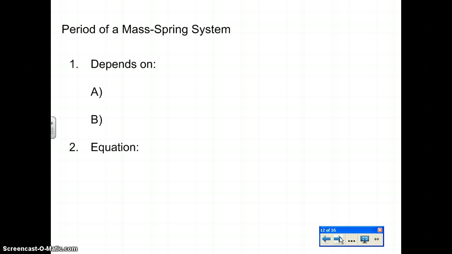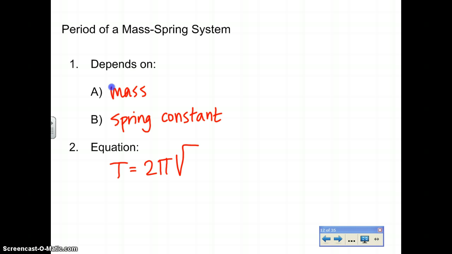Period of a mass spring system. Period for a mass spring system is going to depend on mass and spring constant. This should make sense, that's what you're looking at throughout these, the mass and the spring constant. So the equation you're going to look at here is period equals 2 pi square root. Everything is the same there.